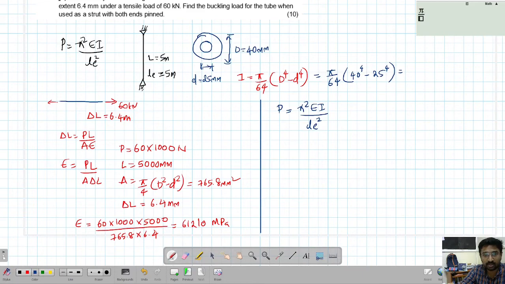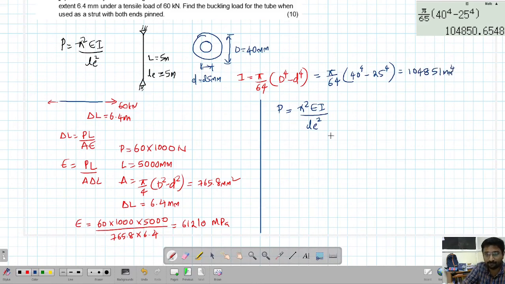So calculate this first: pi upon 64 times 40 raised to 4 minus 25 raised to 4. It is 104851 mm to the power 4.